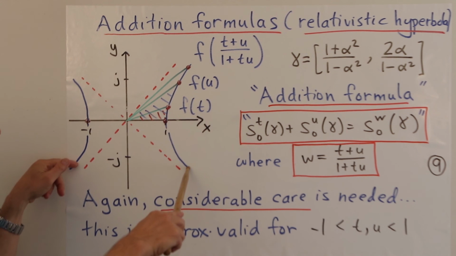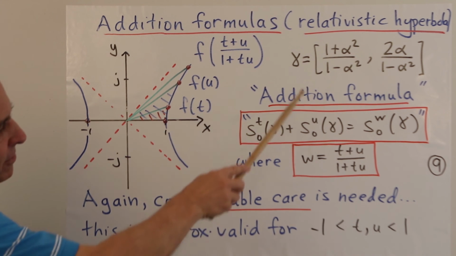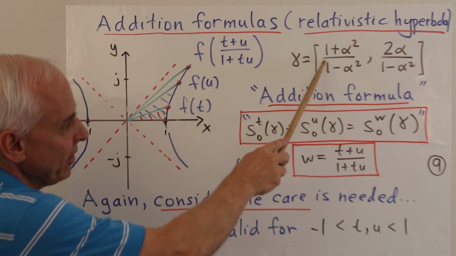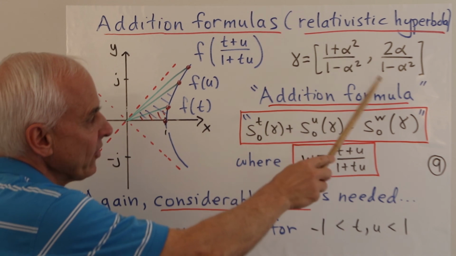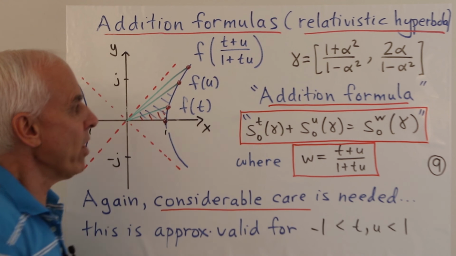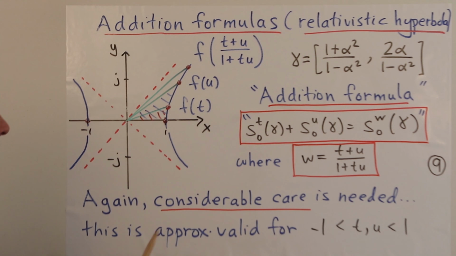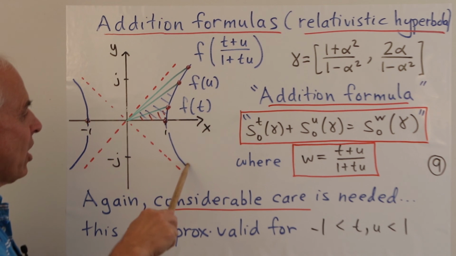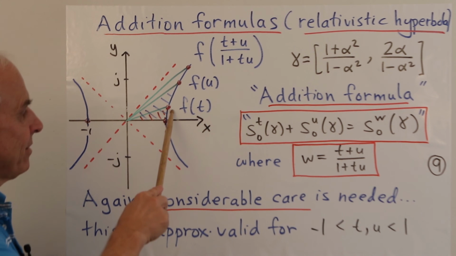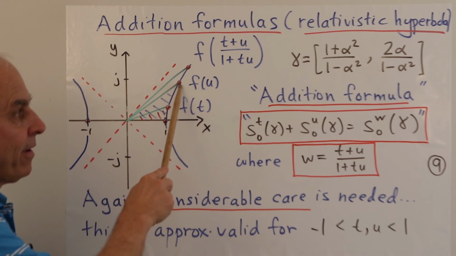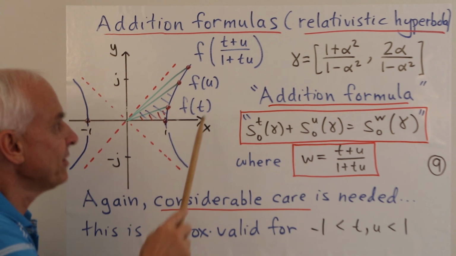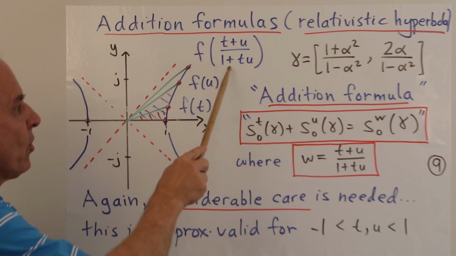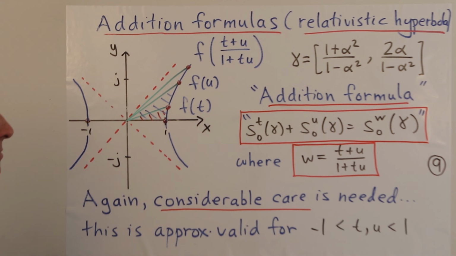Here's our hyperbola again, and we can think of it as parameterized here, 1 plus alpha squared over 1 minus alpha squared, and 2 alpha over 1 minus alpha squared. And here are some points on the hyperbola, say f of t, f of u, and their product, f of t plus u over 1 plus tu.